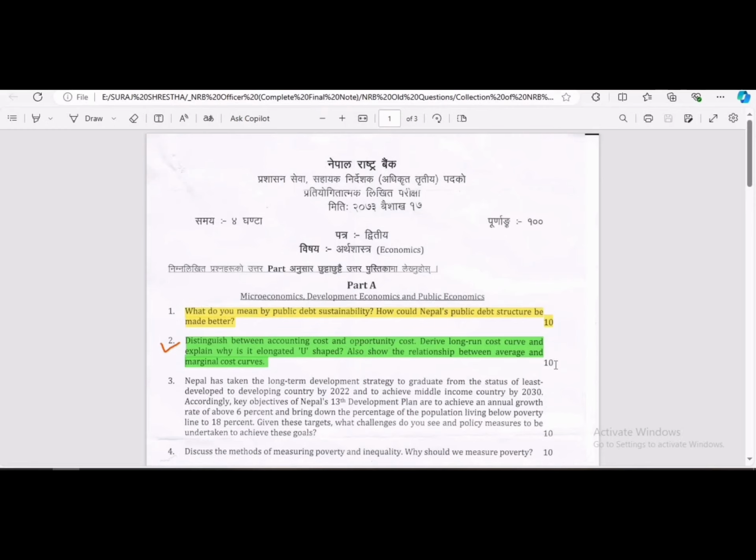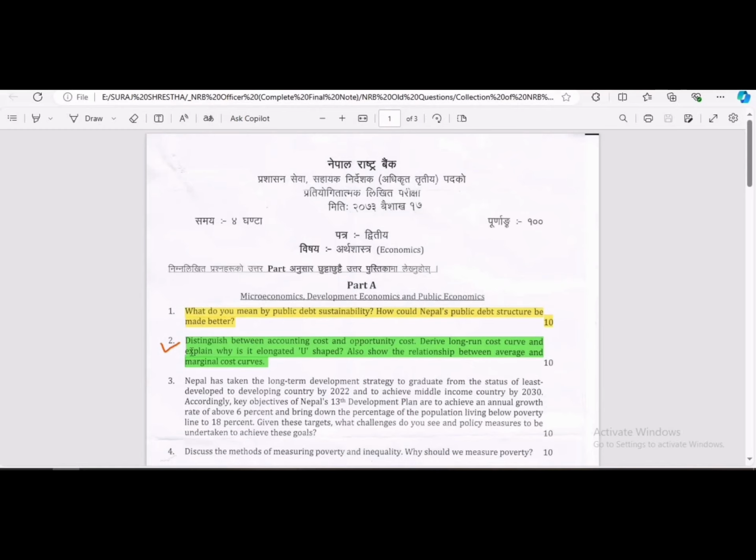And if there is no picture or diagram but only sentences, then we can limit it to 3 pages. That is the standard page limit. Otherwise we cannot attempt all the questions, if we write more than 3 pages when there is no diagram, and more than 4 pages including the diagram.